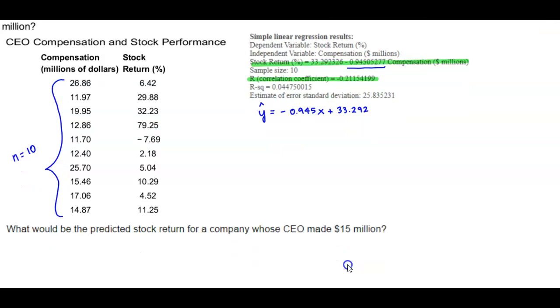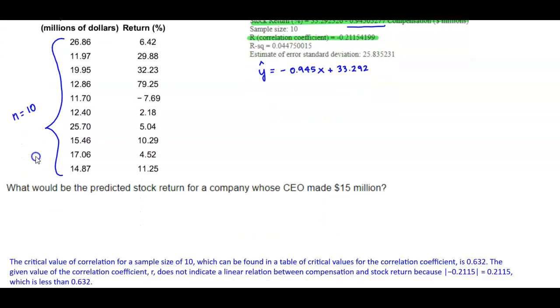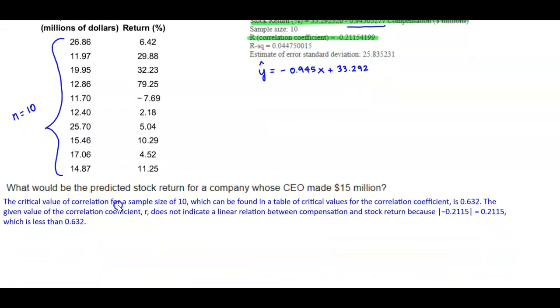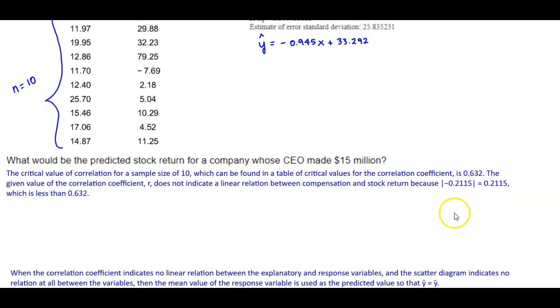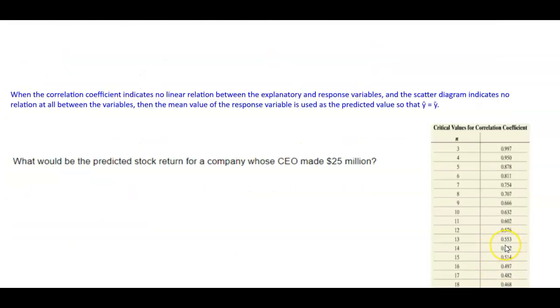So let's find the critical value when n is equal to 10. We need the critical value of correlation for a sample size of 10, which can be found in a table of critical values for the correlation coefficient. So let's take a look at that over here. Here we have our critical values, and we can see that for n equal to 10, we get a critical value of 0.632.